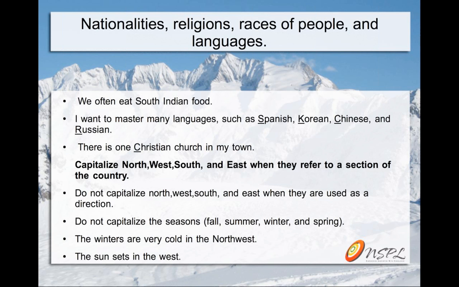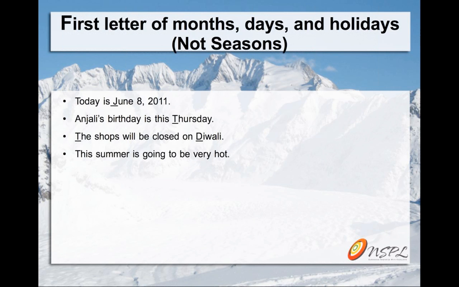So from this we understood that nationalities, religions, races of people, and languages always come with a capital letter. The first letter of months, days, and holidays should always be capital. Most of the time you write dates in Skype with small letters. Today is June 8, 2011.